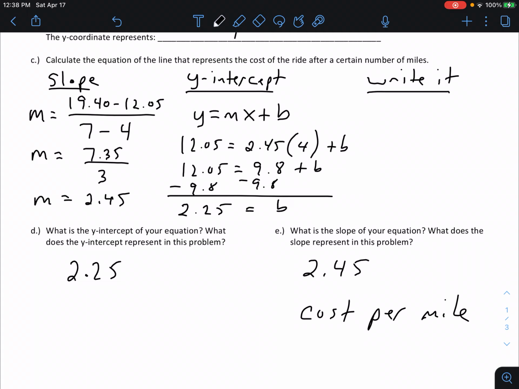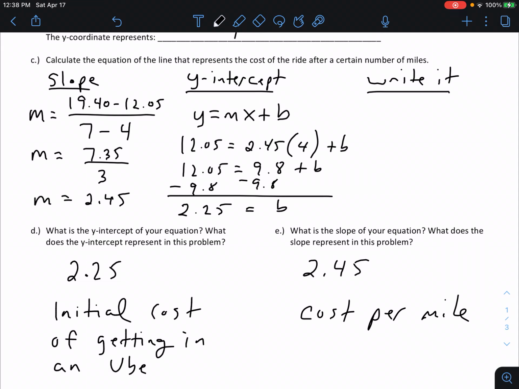All right, so it's the initial cost of just getting in an Uber. So if you go 0 feet after getting in, you're going to pay $2.25. Okay?